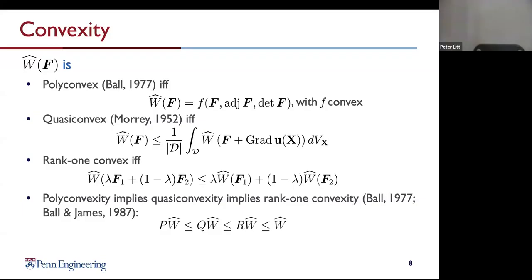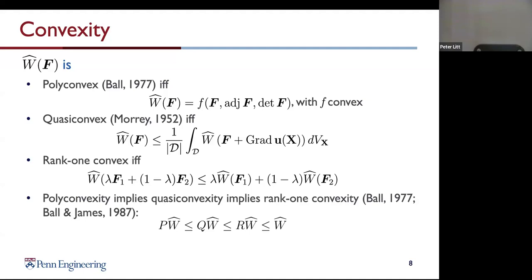Polyconvexity is maybe the next simplest to understand. That's if you can write the energy as a convex function of F, its adjugate and its determinant, then your function is polyconvex. And then quasi-convexity is perhaps the hardest to understand via the definition.